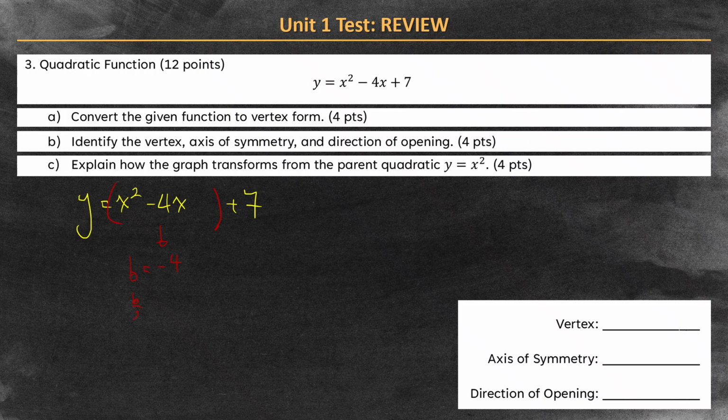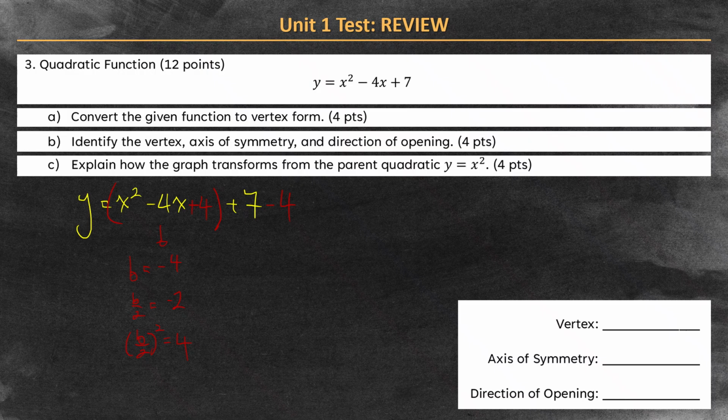What's b over 2? -2. And what's b over 2 squared? It is +4. So we're going to add that +4 inside the parentheses, and to maintain equivalence, we have to again subtract 4 outside the parentheses. So it's basically the same equation.